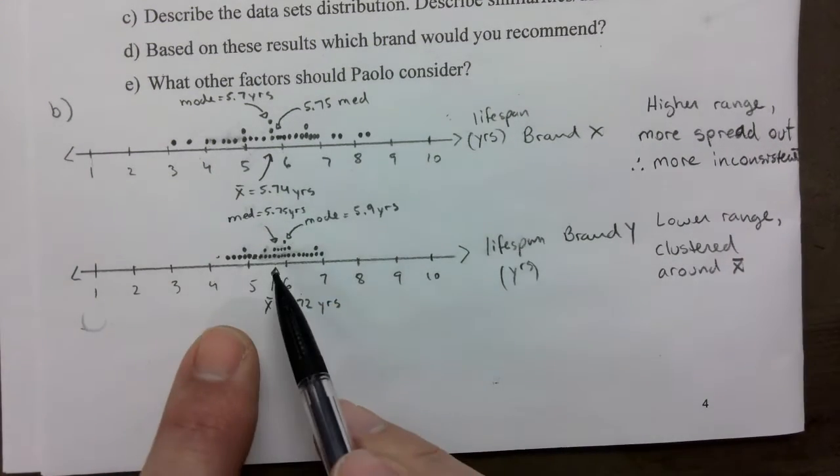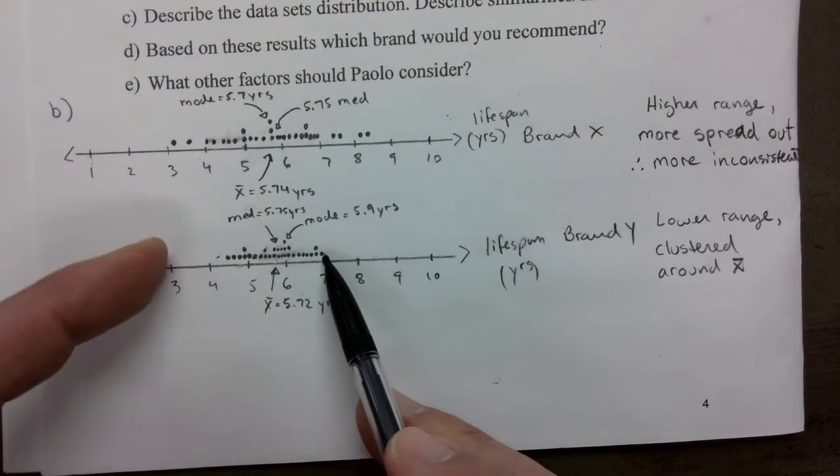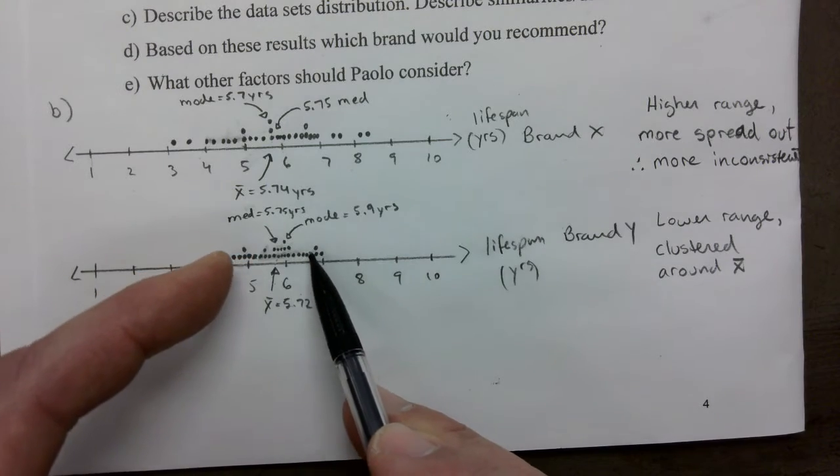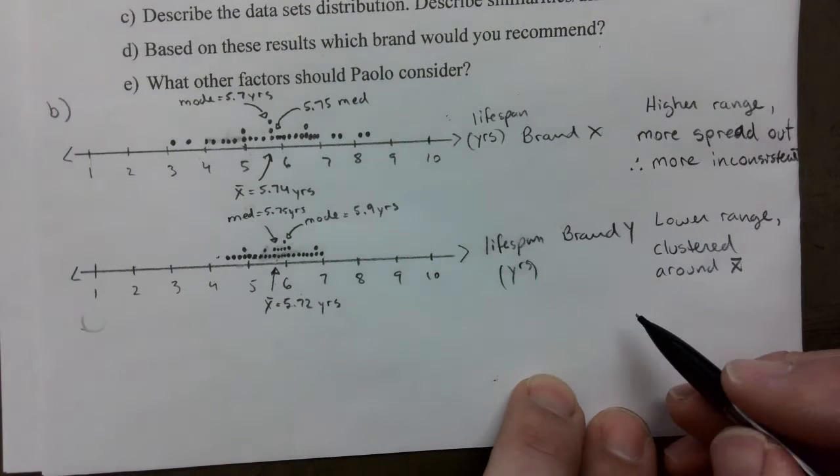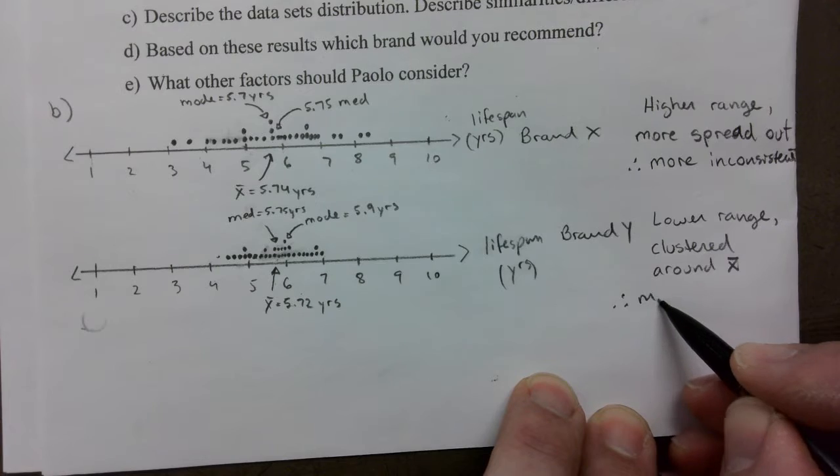So if this is your average, everything tends to gravitate and cluster closer. Could you have a better battery? Absolutely. There could be a brand Z that could have an even smaller range, right? So then it would be even more clustered around the mean. Okay, therefore more consistent.